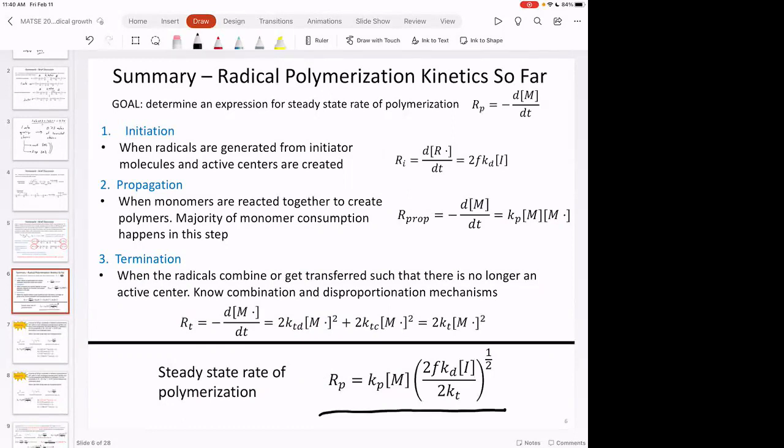All right, so this is a key equation right here. It was in a green box on previous slides because we know all the variables. We can identify it very well. We can also calculate things like rate of initiation because we know all of those variables, right? Unless we're given the derivative, it's hard to calculate RP from this equation because you don't know what that is unless there's some information.